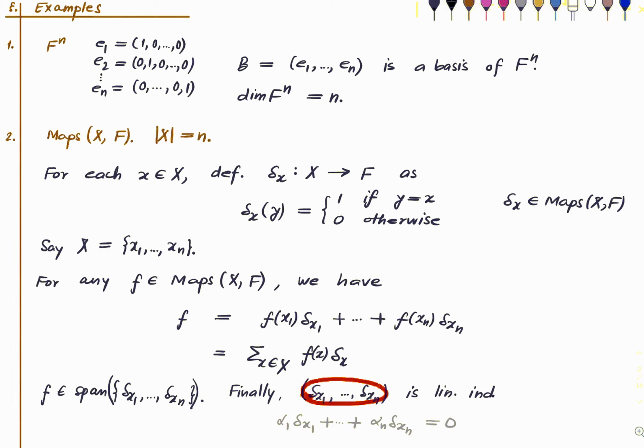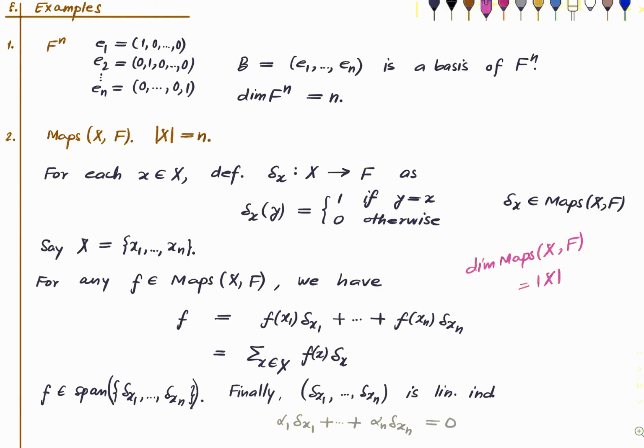This is also a spanning list, as we just argued, and therefore this is a basis. So the dimension of this space is same as the size of X. Okay. So what we have shown is that dimension of this space is the cardinality of X, where we are assuming that X is a finite set. This is a finite dimensional vector space, and its dimension is just the cardinality of the set X.